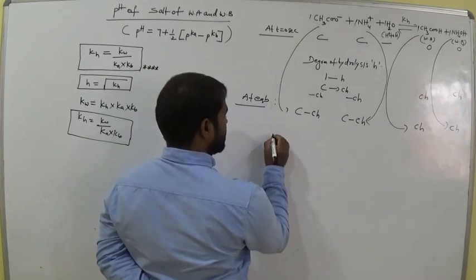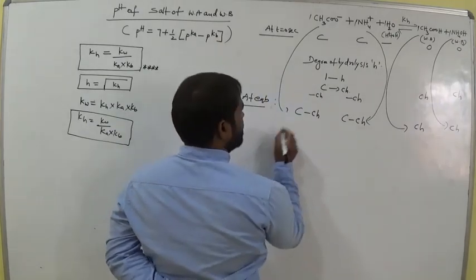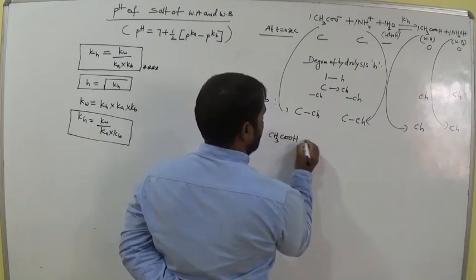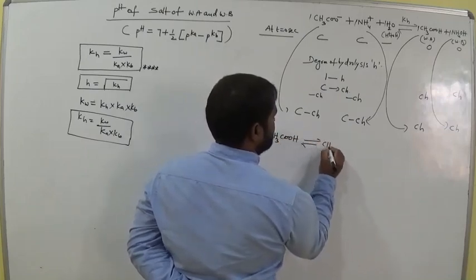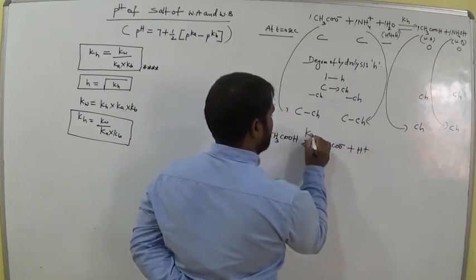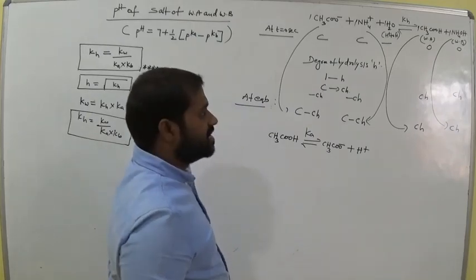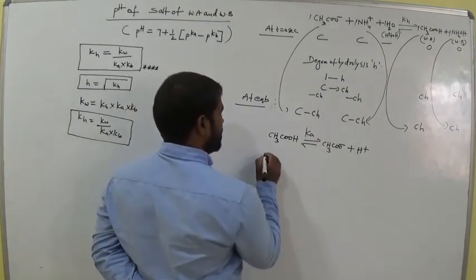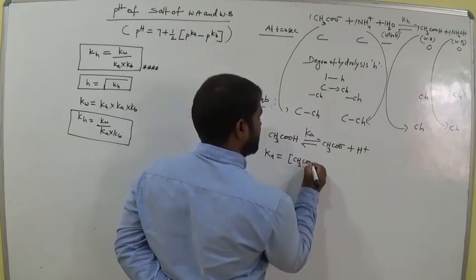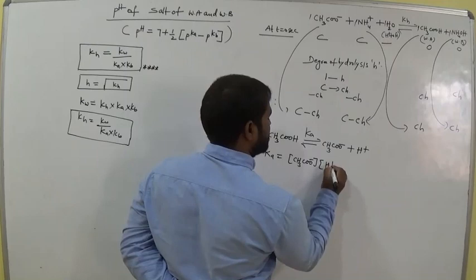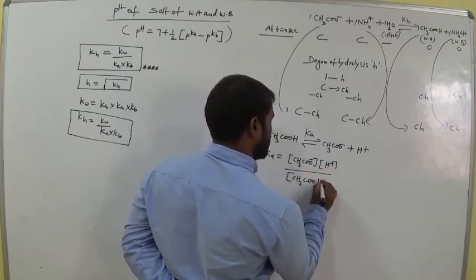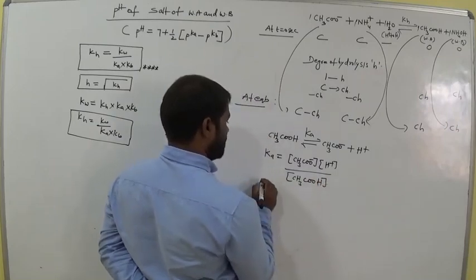Now we need pH for this one. Let us consider the weak acid CH3COOH, how it is ionized: CH3COO minus and H plus, where it is Ka. Now Ka equals the molar concentration of CH3COO minus and H plus, over the molar concentration of CH3COOH.